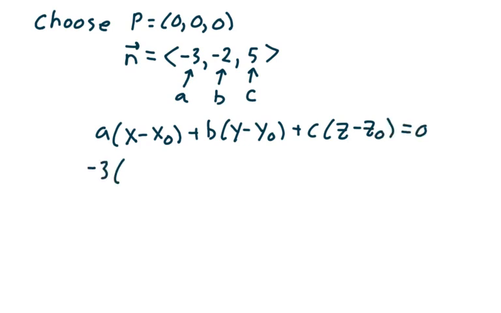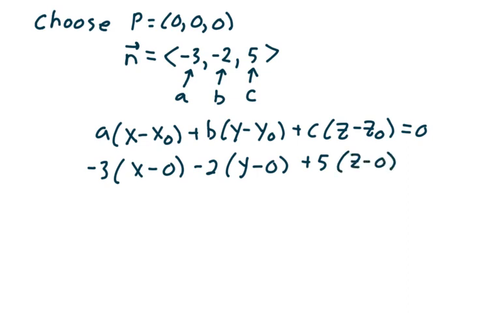So negative 3 times (x minus 0), so x naught is 0, minus 2 times (y minus 0) plus 5 times (z minus 0) is equal to 0. And so negative 3x minus 2y plus 5z equals 0.